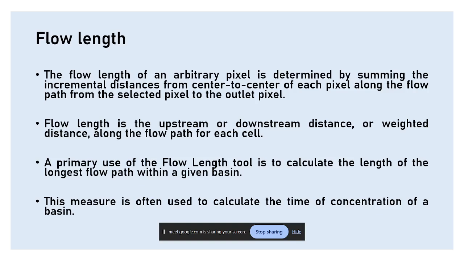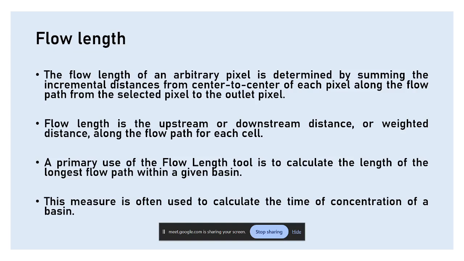And this flow length, as I said, is often used to calculate the time of concentration of a basin, and it is also directly linked to flooding forecasting. Because you need to know the longest flow path, only then can it help you determine how far that flooding can affect, so you can forecast the flooding.